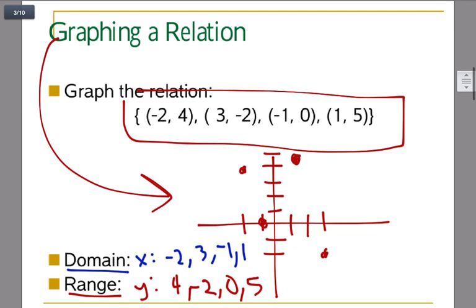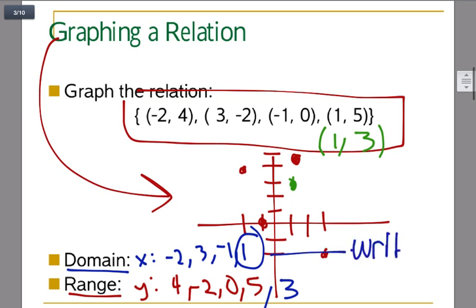Now let's say I had one more point up here. Let's say I had 1, 3. On the graph, I would go over 1 up 3. Now, when I write the domain and the range, I would go ahead and put the 3 down with the y, but I don't add another 1. You only write each number once.